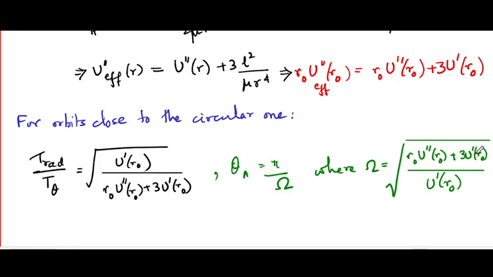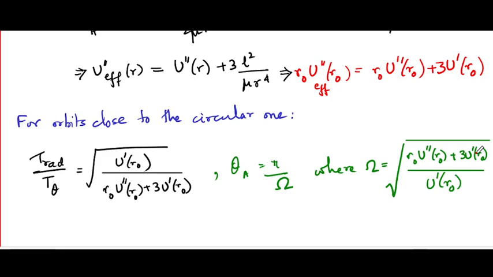However, you should also realize that the use of the article "the" for circular orbit is really rather misplaced. A circular orbit for a potential like this occurs whenever you have a minimum of the effective potential, but that means that the radius of the circular orbit depends on not only the potential U, but also on the value of the angular momentum.